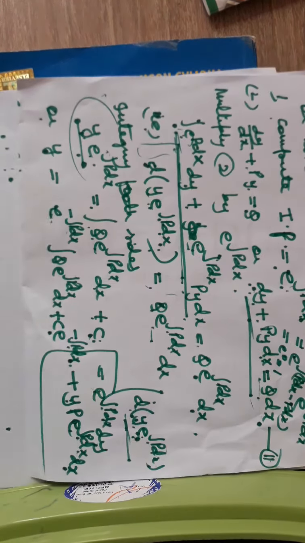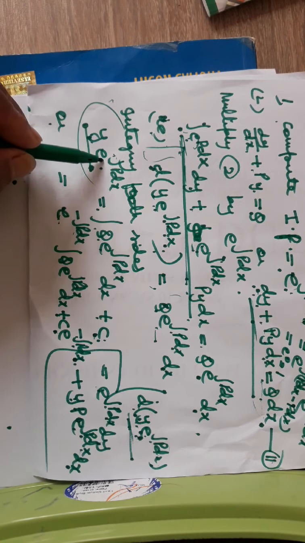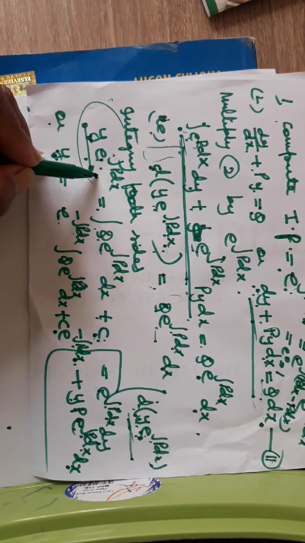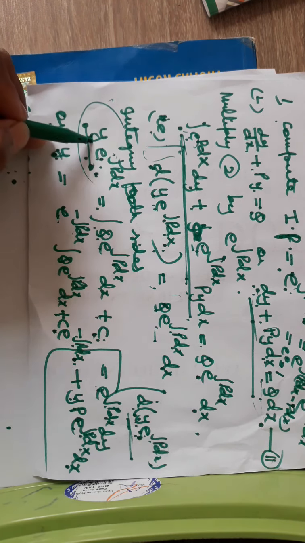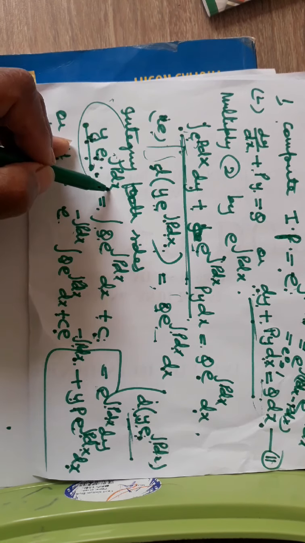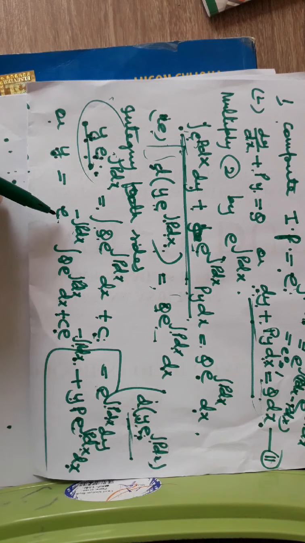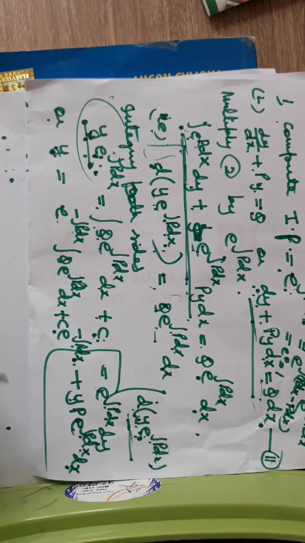And remember that the left hand side term is always y times the integrating factor, that is y into e to the power integral p dx. So you just need to solve the right hand side term, and that will give you the solution.